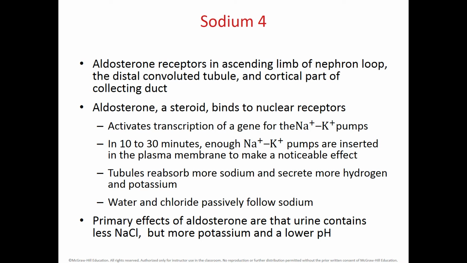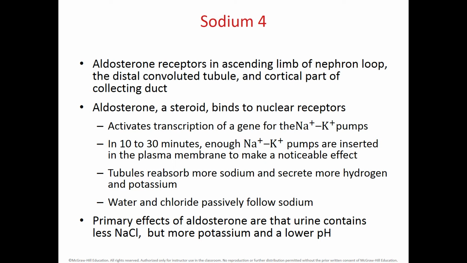And then this aldosterone will bind to nuclear receptors within these cells that will activate the transcription of a gene that is important to make more sodium and potassium pumps.